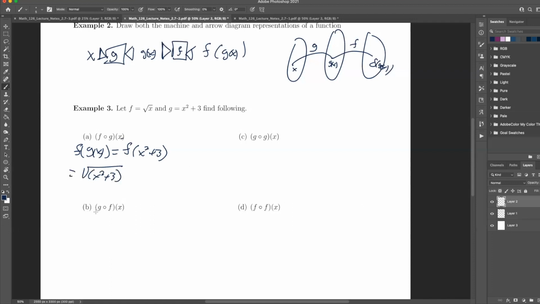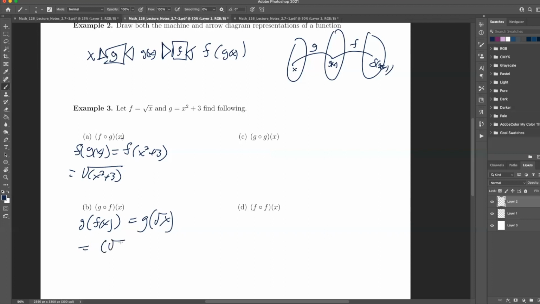Here, if I did the other way, if I compose g of f, which is possible to do, it's g of f of x, which is equal to g. Well, f of x is the square root of x. So you just take whatever f is and you just plug it in here. And then here, everywhere you see an x, I'm going to plug in the square root of x. And I do it in parentheses.